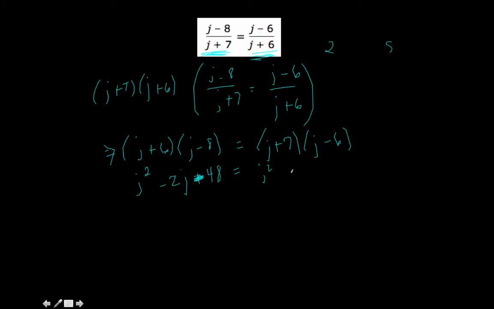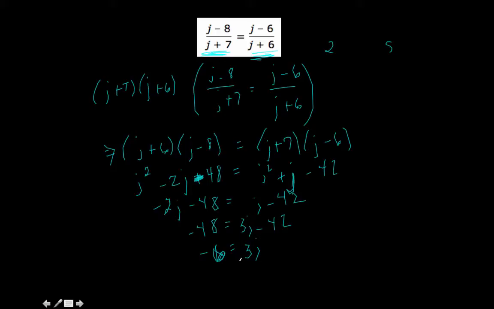Minus 6j plus 7j. Okay, now, if I subtract j squared from both sides, it just disappears, because I have 1 on either side. Okay, then if I add 2j, add 42, and j should be -2.